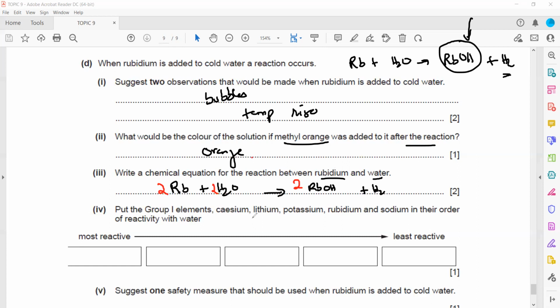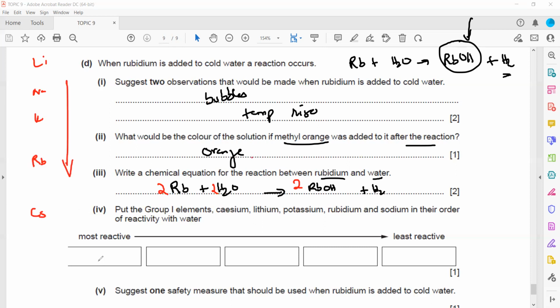Then these are the elements: cesium, lithium, potassium, rubidium, sodium. As we go down the group, the reactivity increases. For alkali metals, group 1, they become more reactive as we go down the group. So lithium, sodium, potassium, rubidium, and cesium. Which is the most reactive?